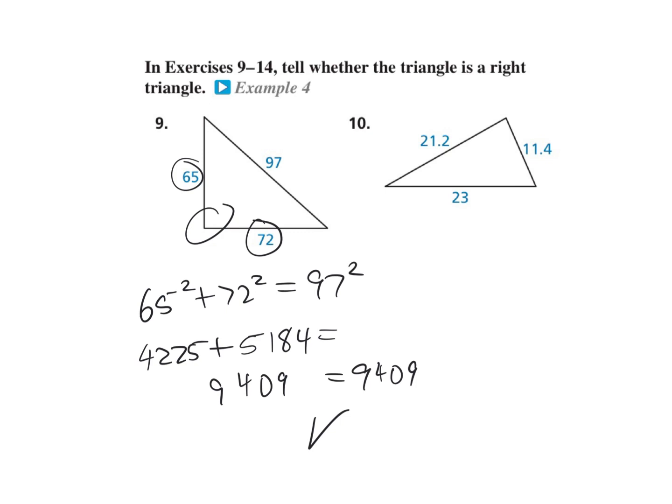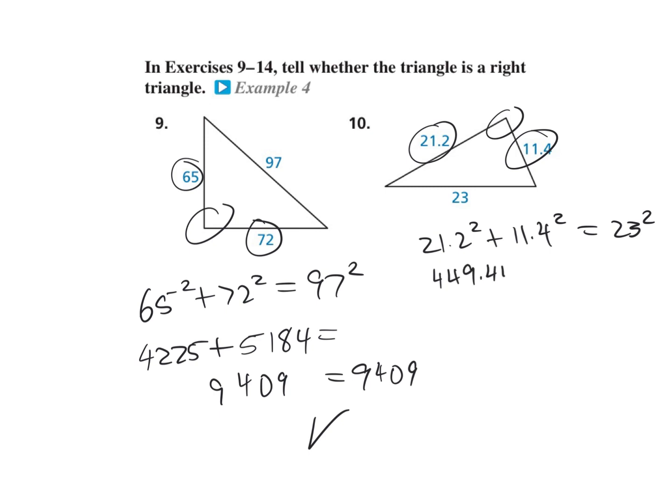Number 10, this appears to be the 90 degree angle, so we're going to use those for A and B. So 21.2 squared plus 11.4 squared, that should equal the 23 squared. So 21.2 squared is 449.44, and 11.4 squared is 129.96, and 23 squared is 529.